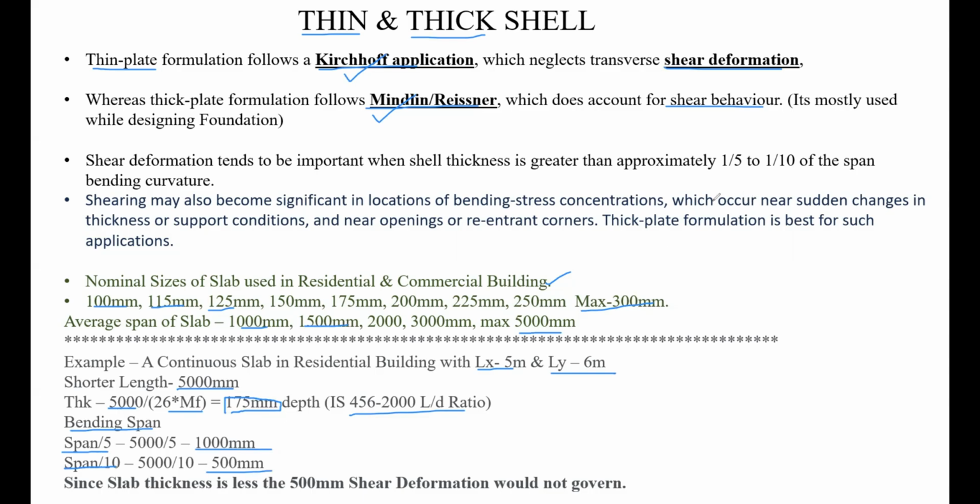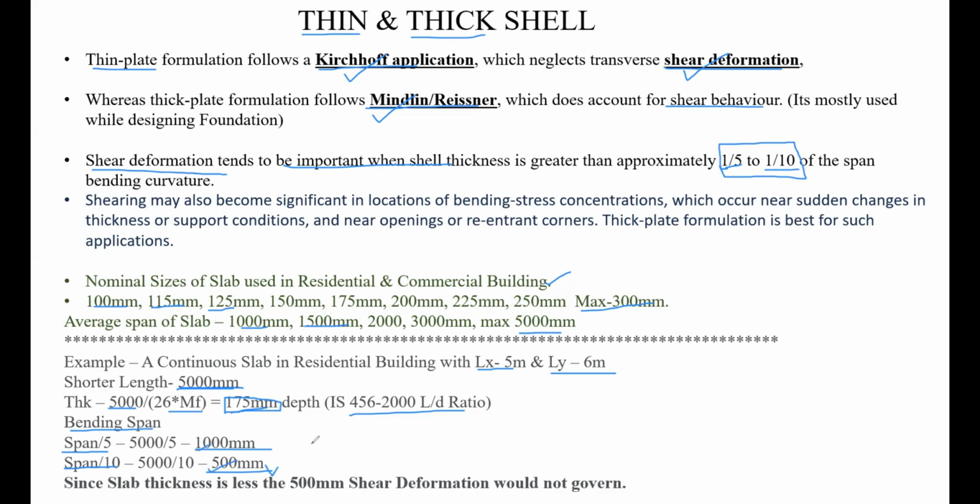Now what does the CSI knowledge base tell us? It tells us that shear deformation tends to be important when shell thickness is greater than approximately 1/5 to 1/10 of the span. If my thickness of slab exceeds 1/5 to 1/10 of the span, then the shear deformation will govern. Now, for our residential building, if 175 mm is my thickness and 5000 mm is the length, span by 5 or span by 10 gives 1000 mm or 500 mm.